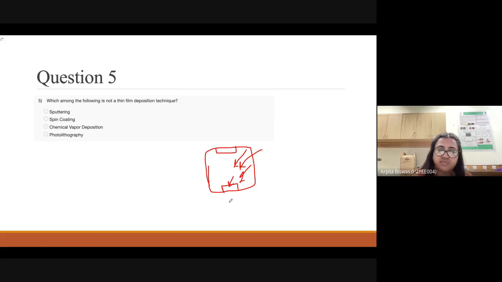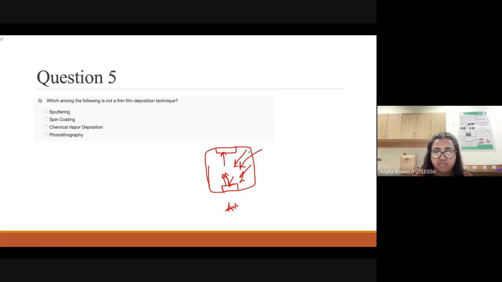Like if you want to deposit some gold or aluminium, we use the gold target and some argon bombardment on this gold target. Some nanometer-sized particles are deposited on the sample, and it is a closed chamber with a controlled environment, so pressure is controlled and temperature is also controlled.